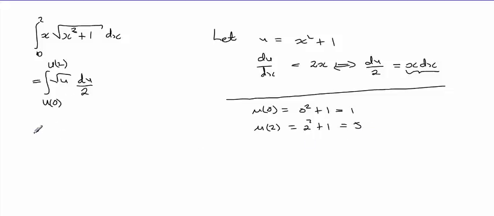So this integral is now the integral of u to the power half from 1 to 5 du, and you can take this half out as a constant since integration is linear. So we've got half the integral of u to the power half between 1 and 5.